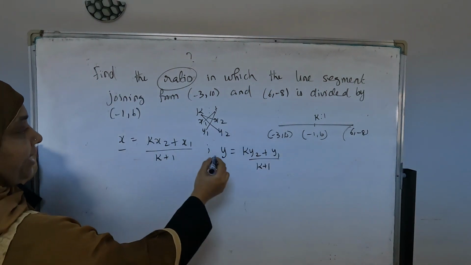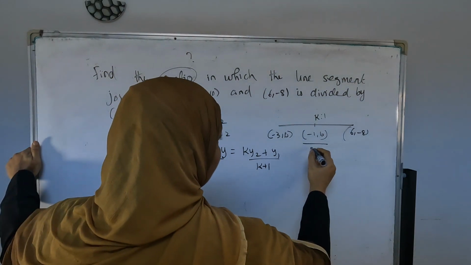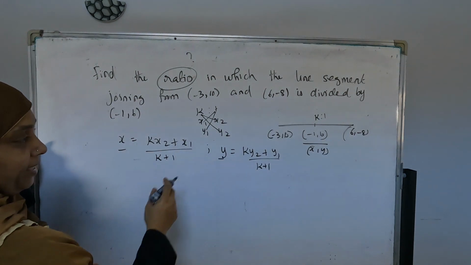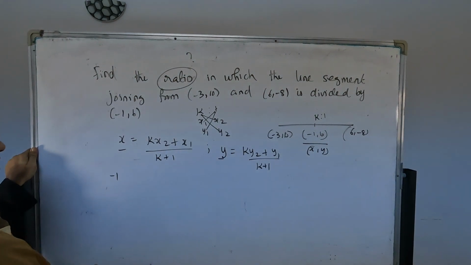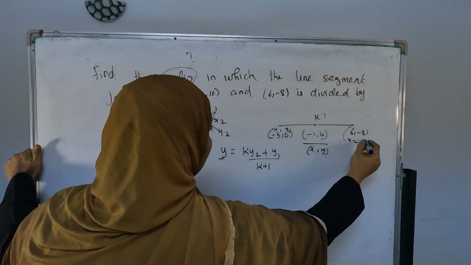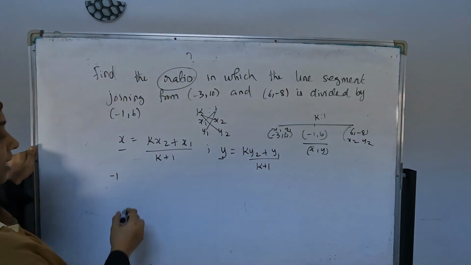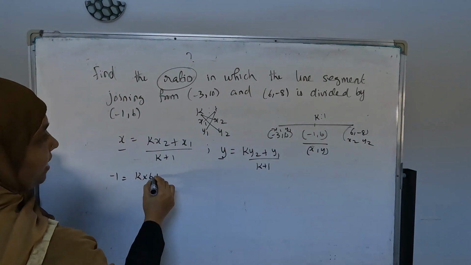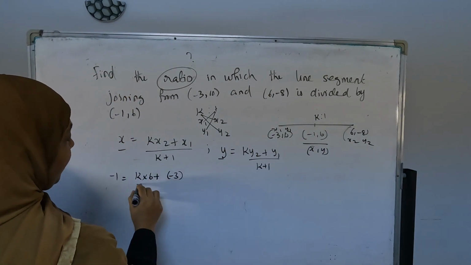This x and y is the coordinate only, that means (x, y). They have given x as -1 here, with x1, y1, x2, y2. So x2 is 6 and x1 is -3, by k plus 1.